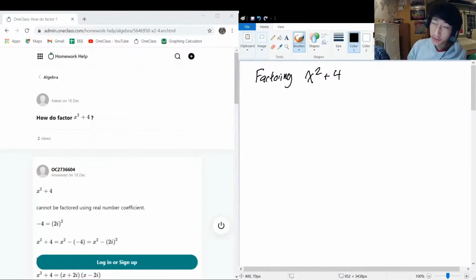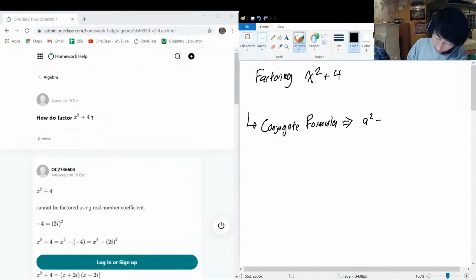So now this has a very similar type of atmosphere as conjugates. So here we have our conjugate formula. Suppose we have like a squared minus b squared. This is the same as saying a plus b, a minus b.